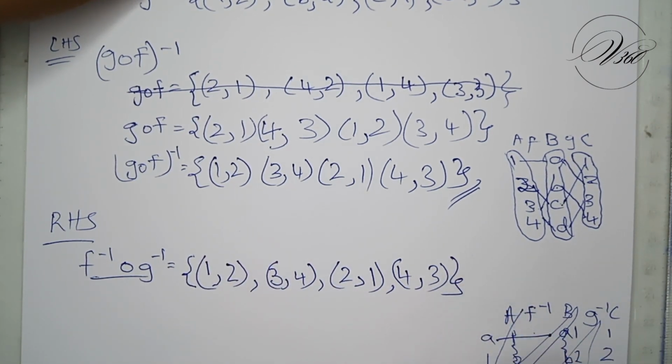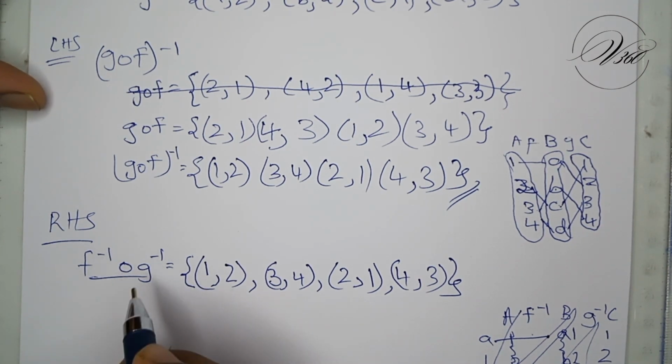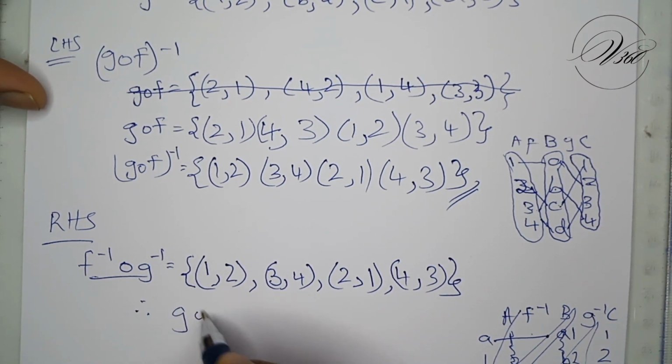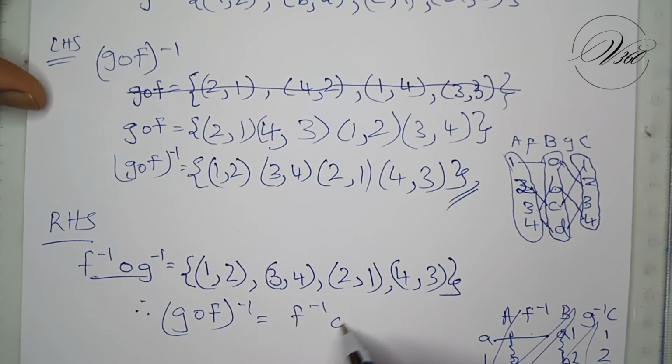These are the answers. Okay, now we can directly say that therefore G of F whole inverse is equal to F inverse of G inverse.